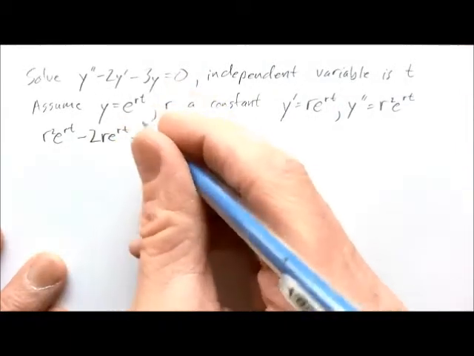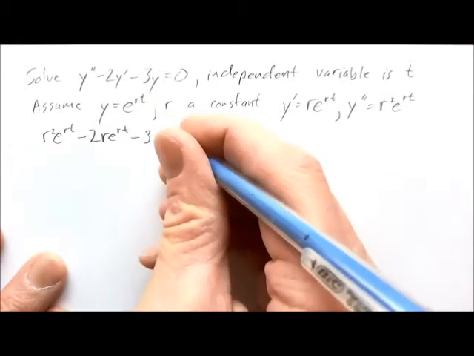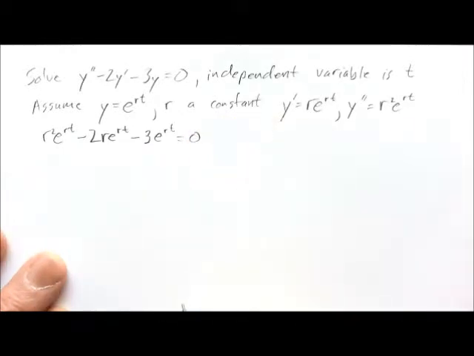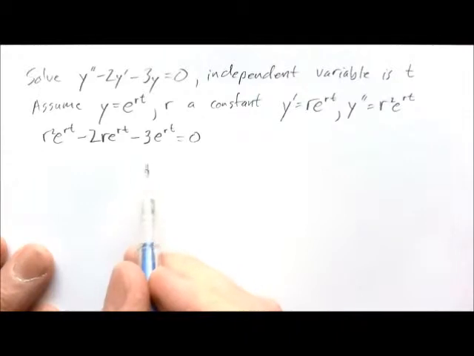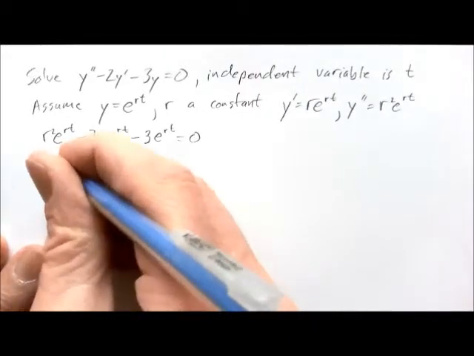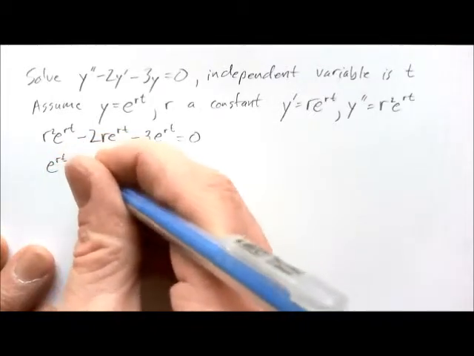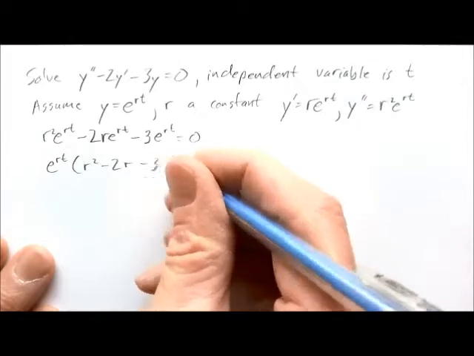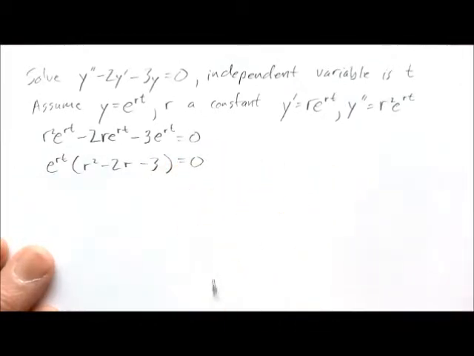Minus 3 times our original y, which is e to the rt, equals 0. Okay? So what we find here is that each term has an e to the rt in it, so we can factor that out. We get e to the rt times r squared minus 2r minus 3 equals 0.